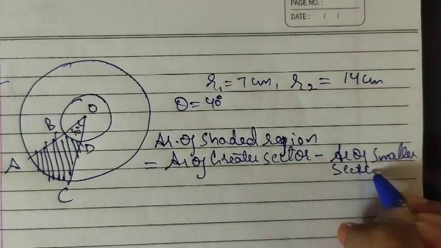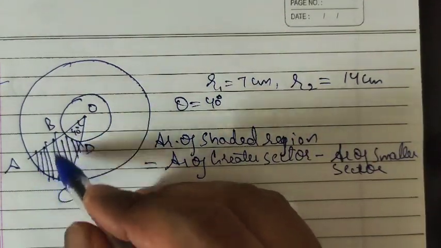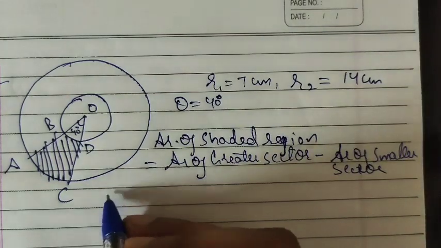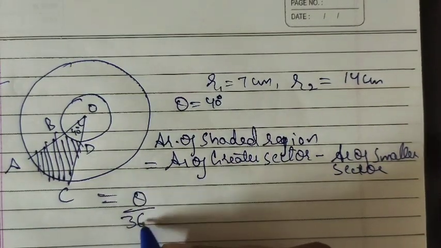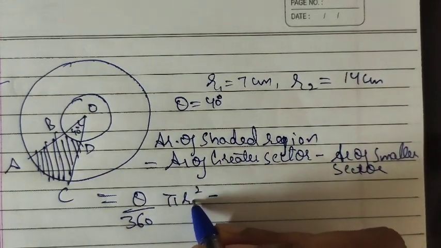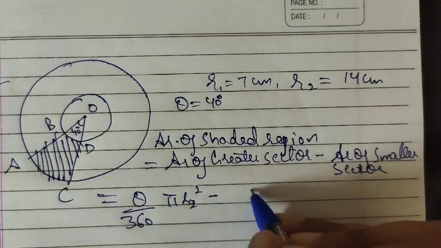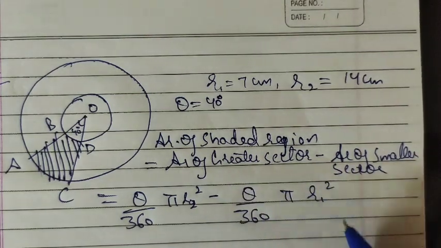Very easy, right? If we subtract the smaller sector from the bigger one, we will get the shaded region, right? So the area of the shaded region is the area of the greater sector, theta upon 360 pi r2 square, minus, okay, r1 is smaller, so r2 square minus theta upon 360 pi r1 square.